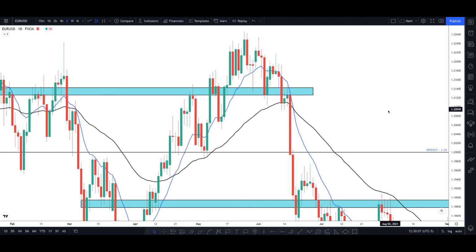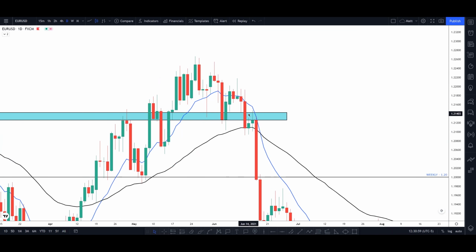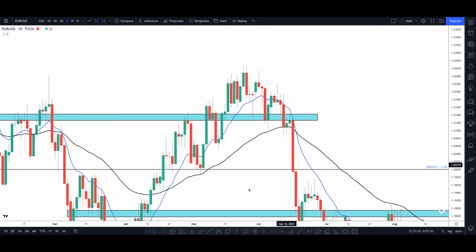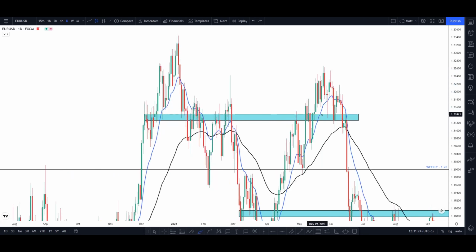And so if we start on the upside over here, we can see that at one point, this was a few months ago, Euro USD was forming higher highs and higher lows, and then it started to range. And so at this point, if you were looking to enter a sell position because you felt that Euro USD was in a range and you thought that it would push back down to the downside, and part of this would tie into the weekly market structure.